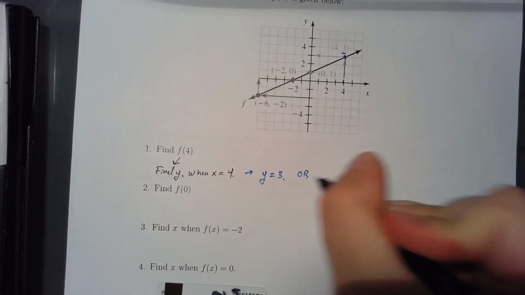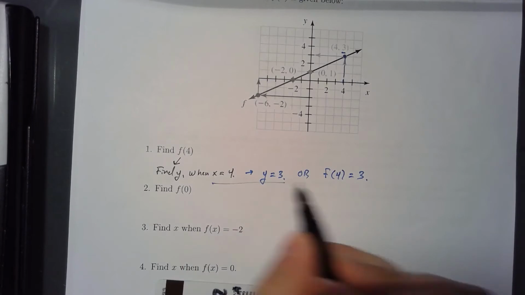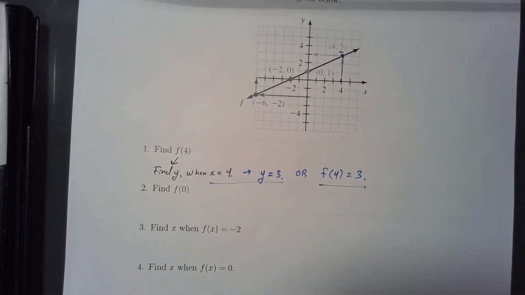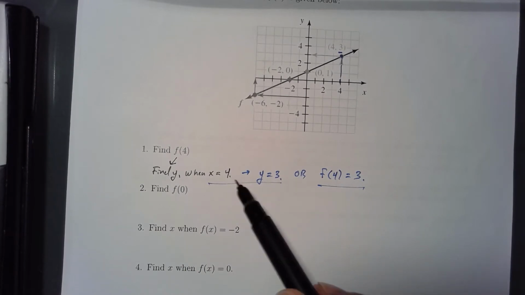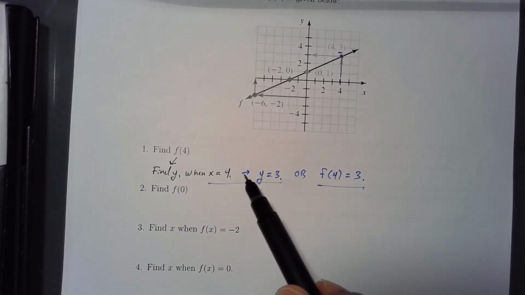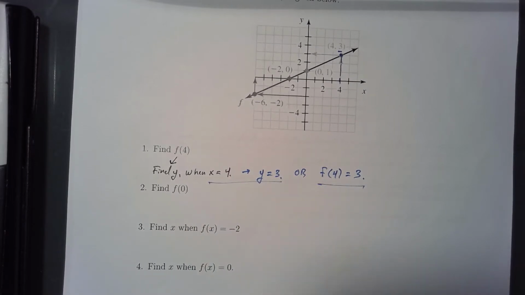Or I could say the following. F of 4 is 3. Either this or this are the exact same thing, just written differently. When you see this, that implies this. That's it.